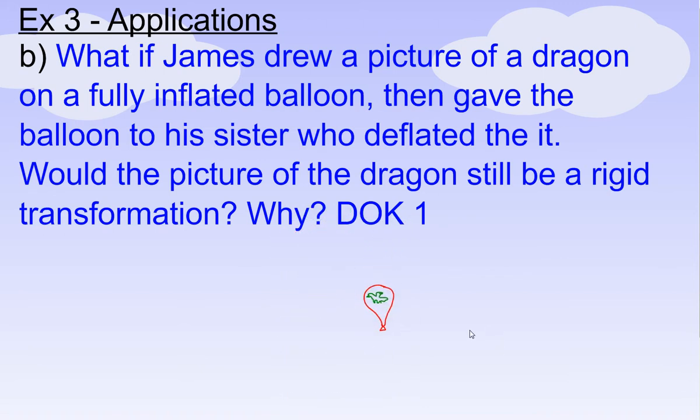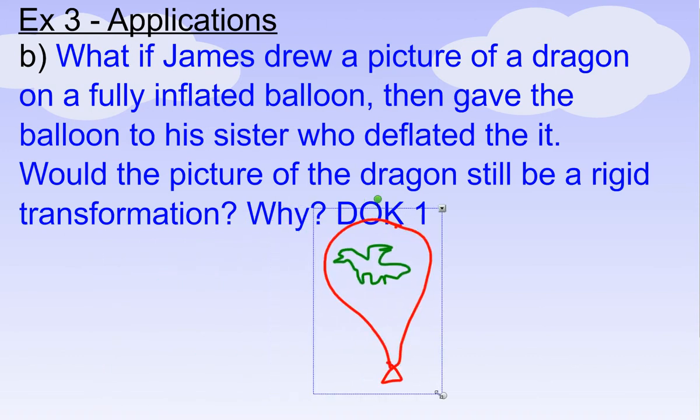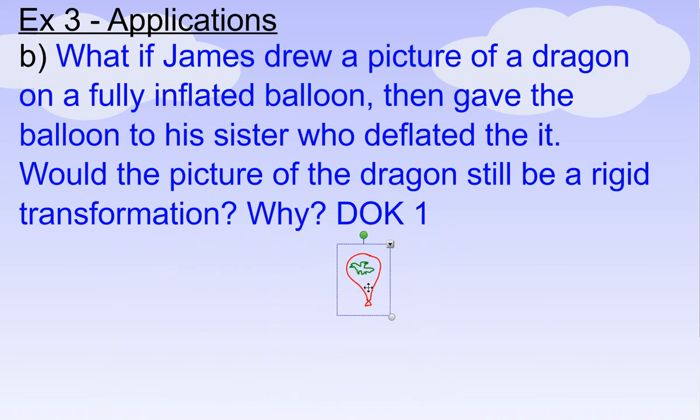Is that still a rigid transformation? Well, no, of course not. From how it started here, look at the size of that wing. Then you give it to your sister and she deflates it. Look at that. That wing is now much smaller. So the length of the sides did not stay the same. So this would not be a rigid transformation.